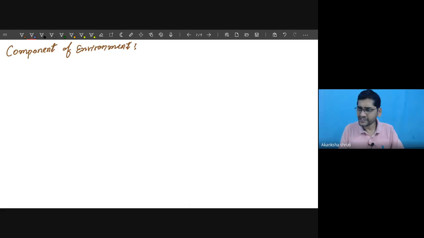Means all the factors. What are the various factors which are influencing this environment or which are constituting this environment? So the very first one is your biotic component or biotic factor. Component means the factors.